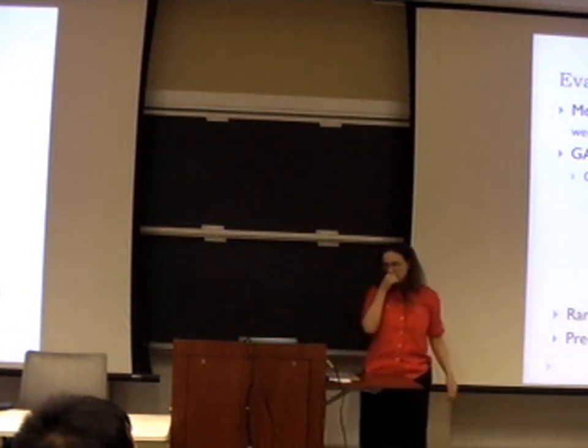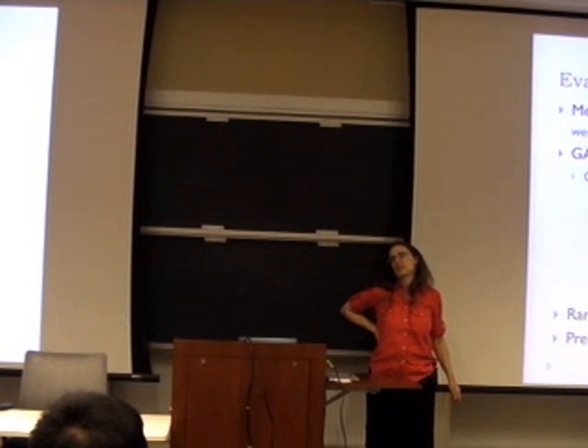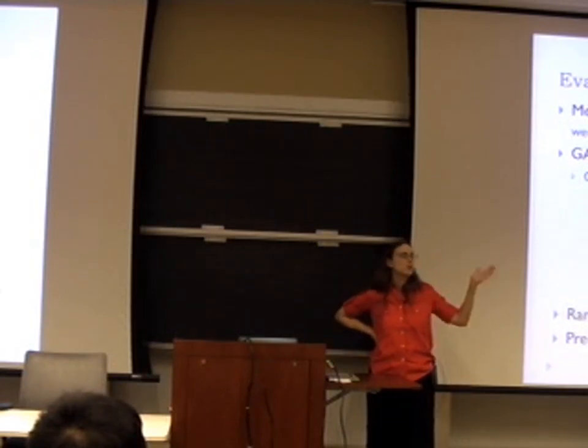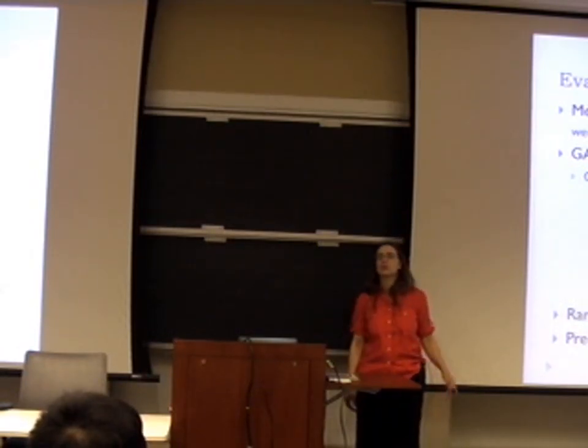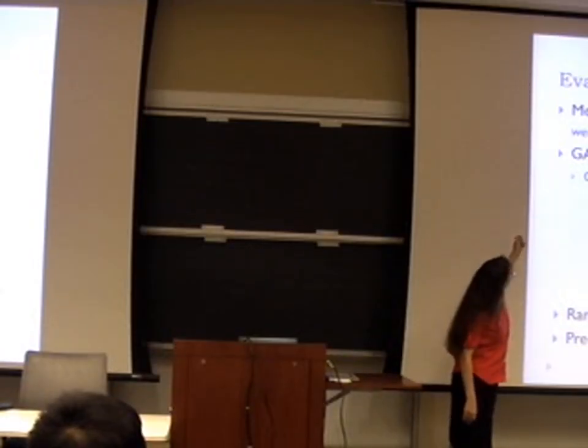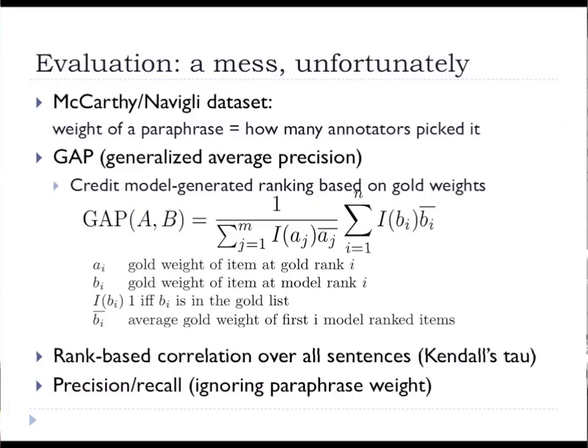Evaluating contextualization approaches is unfortunately a big mess. It's really hard to compare different approaches because people use all sorts of different evaluation measures. So in the McCarthy and Navigli datasets, this is a dataset where people picked paraphrases. They were given a sentence like, he was arrested on charges of, whatever, drug trafficking, and then the human annotator would write offense or accusation or however many paraphrases they wanted.